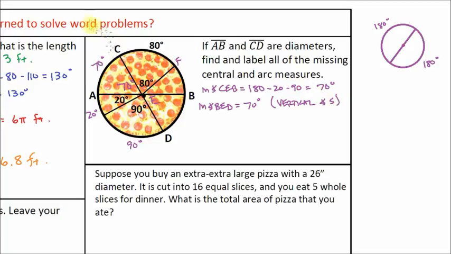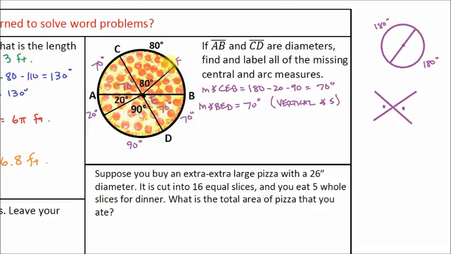If CD is a diameter and AB is a diameter, then this angle and this angle have to be equal because those are vertical angles. Remember our rules of vertical angles? If we've got two line segments, then these two angles have to be congruent. So I know that BED is 70 degrees, so I'm going to label that as 70 degrees, and that means this must be 70 degrees, arc BD.